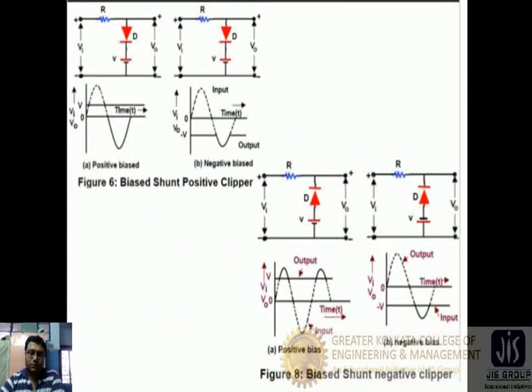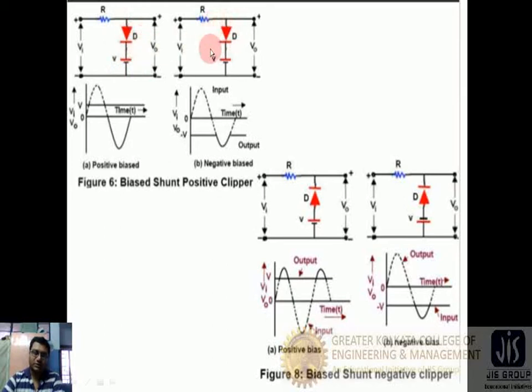In this figure we see two types of clippers. One is the biased shunt positive clipper, another is the biased shunt negative clipper. Positive clipper means the positive portions of the input signal are clipped out, and in the case of the negative clipper, the negative portions of the signal are removed. The bias means there is an addition of voltage sources, and the operations are pretty much the same. If the diode is in forward bias, there will be no voltage drop across the diode.